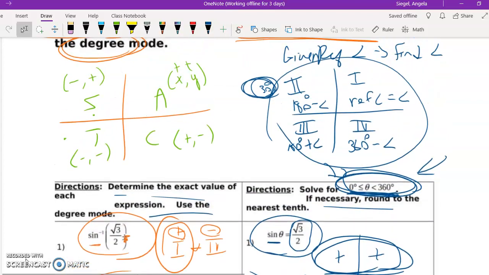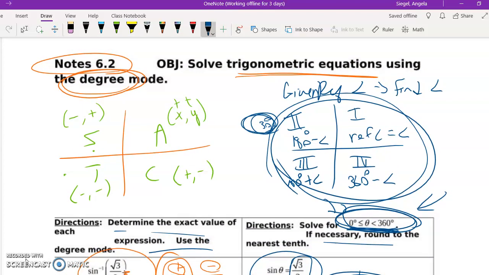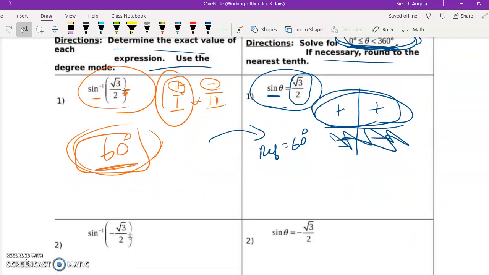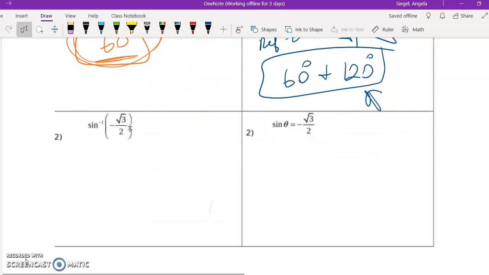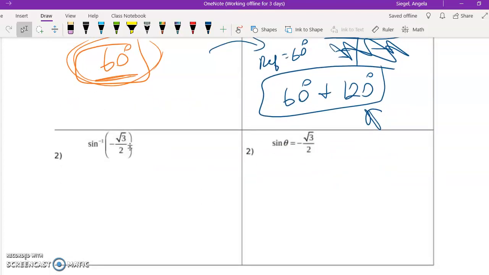I'm just going to follow what we talked about up here again. In quadrant 1, my reference angle is 60 degrees, so my actual angle is 60 degrees. Then in quadrant 2, I'm going to take 180 minus 60, which is 120. Again, this should be a review. We're heading more in this direction, but we need to go back and talk about these as well.